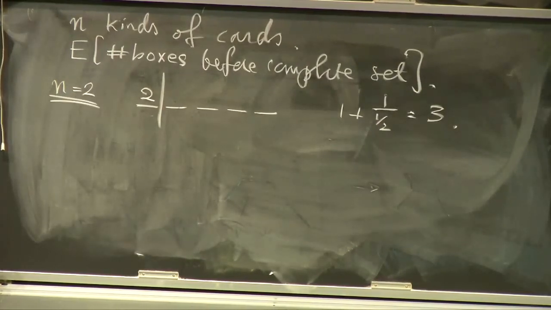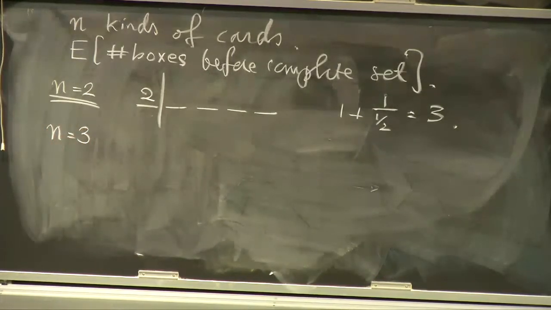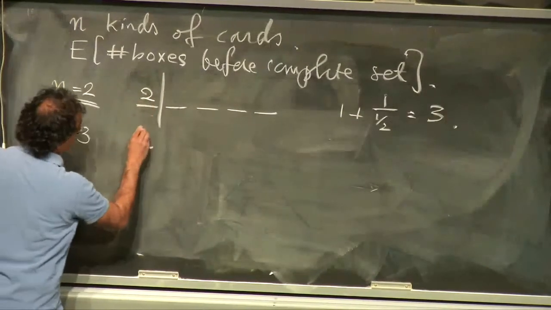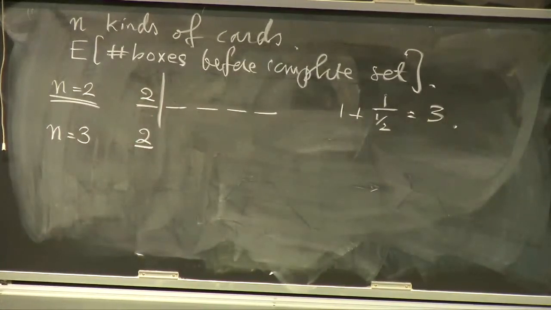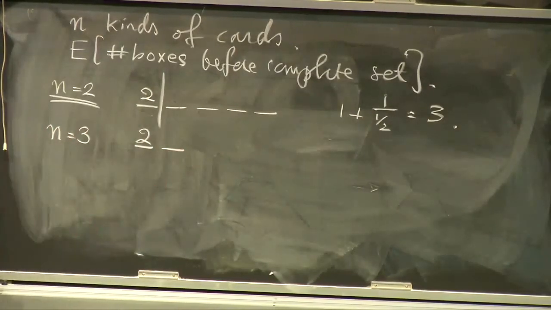Okay, so now how do we do the case n equal to 3? Now there are 3 types of cards. Let's say you still started with card 2, whichever one you started with, and now you're waiting to see 1 or 3.